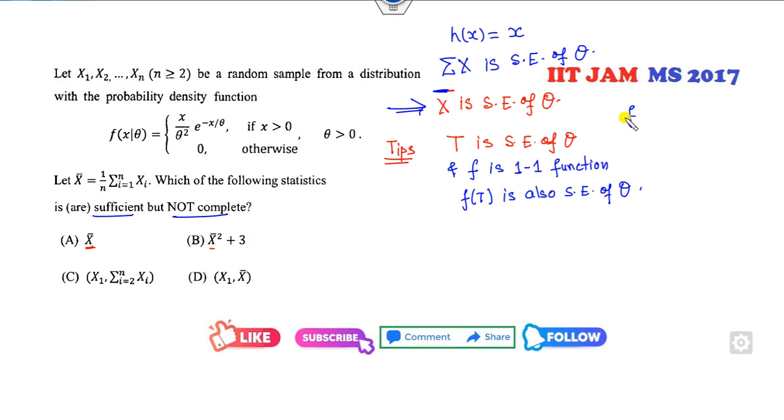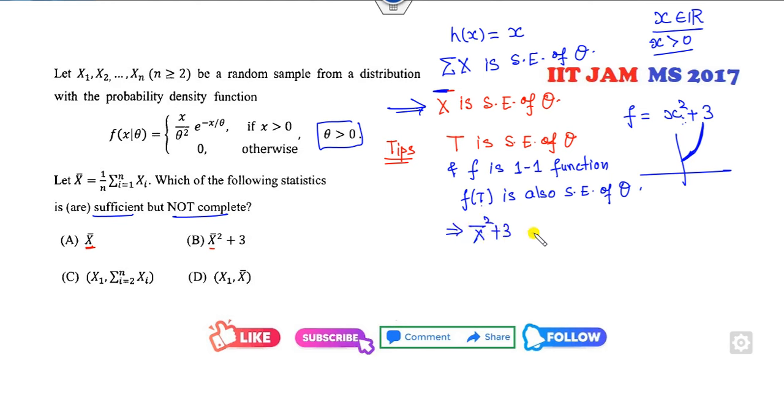So if I consider the function x square plus 3, where theta is greater than 0, is it one-to-one? Yes, because whenever x is positive it is one-to-one, but if x belongs to the complete real line, then it is not. You can see the graph will be a parabola, like here only for the first side. So clearly it is one-to-one, which means this is also a sufficient estimator.